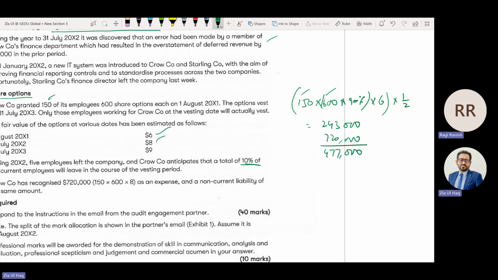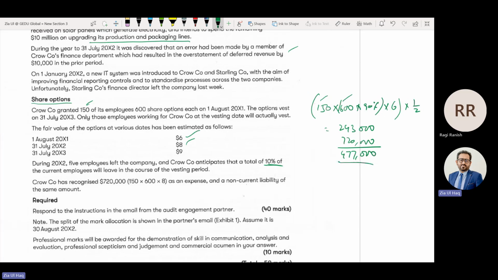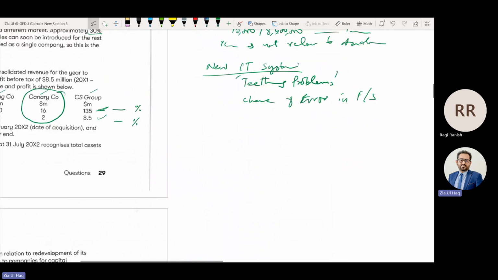This means the share option expense and liability has been overstated by 477,000. So we'll compare this 477,000 for materiality with profit and with total assets, and hence it is material. So we'll put the heading: share option. So 477, this is material.